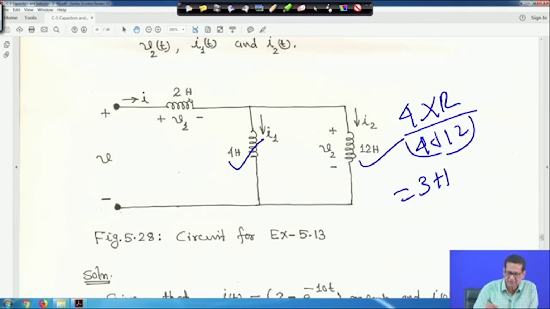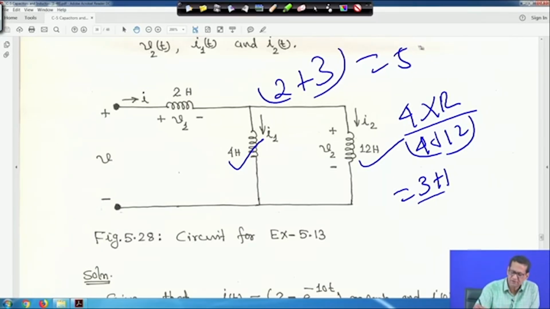Whatever series-parallel combination you have done for resistors, for inductors it is the same. So, 2 plus this 3, the equivalent inductance will be 5 Henry.